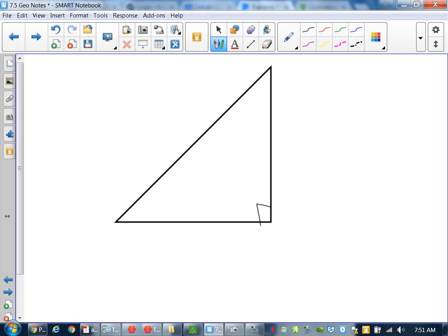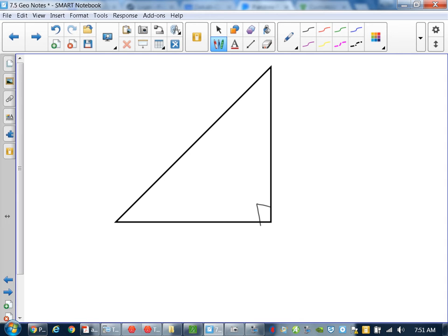So, in a right triangle, you're always going to know two things, no matter what. You will always know where the right angle is, and what's the side length called opposite the right angle all the time? Hypotenuse.